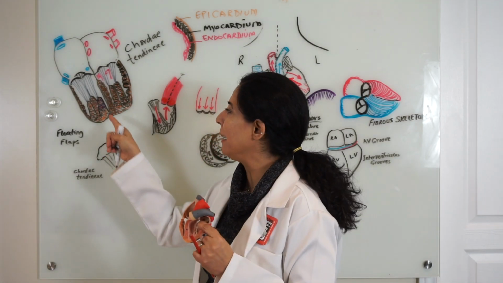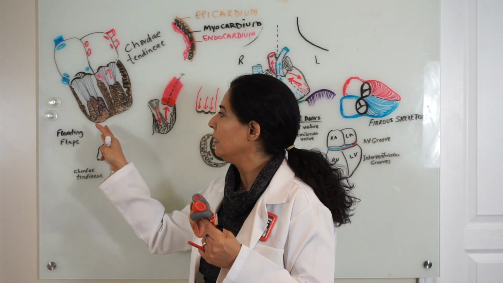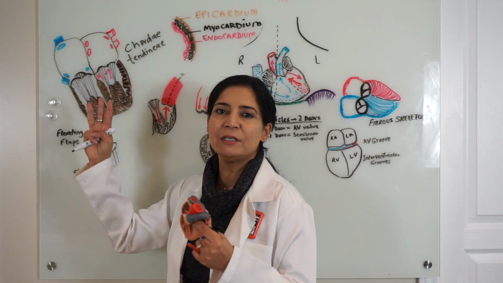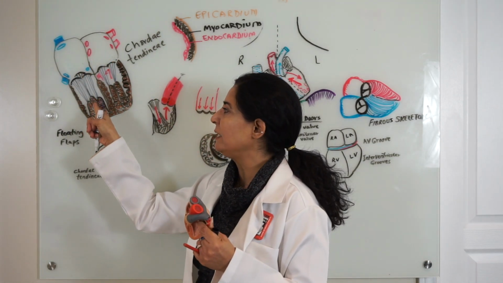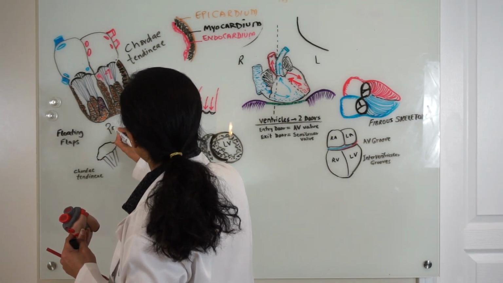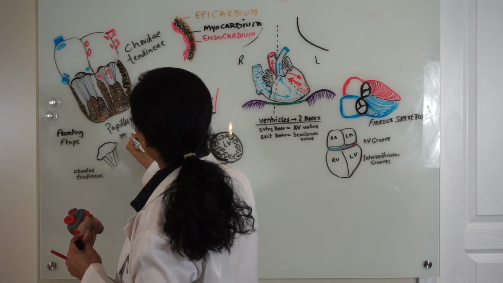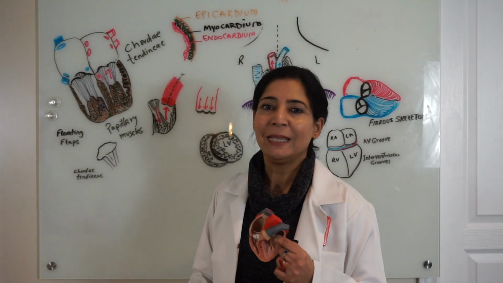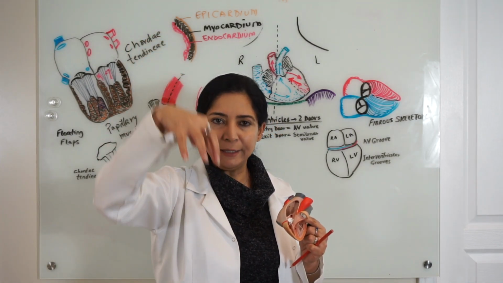So these are the mounds of myocardium which emerge from the floor of the right ventricle, and they are projecting into the cavity towards the atrium like fingers. We have 3 papillary muscles on the right side. At the tips of these papillary muscles, the chordae tendineae are anchored.